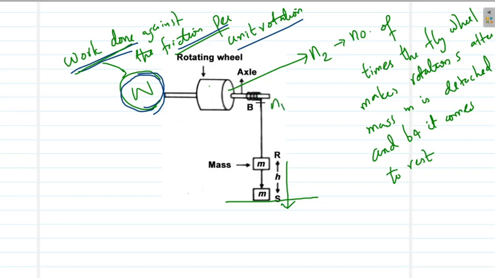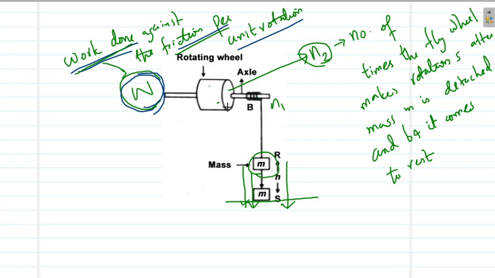N1 is the number of times we wind this thread around this axle, and N2 is the number of rotations made by this flywheel after the mass M is detached from this axle and the thread is completely detached from this axle, or after the mass M touches the ground, and finally this flywheel comes to rest. Between these two instances, there are N2 rotations made by this wheel.